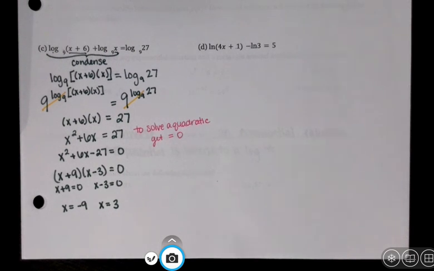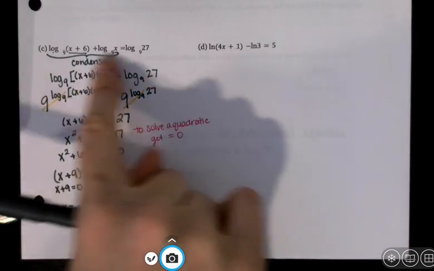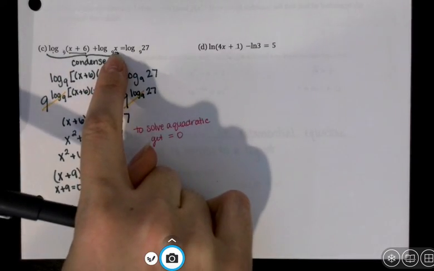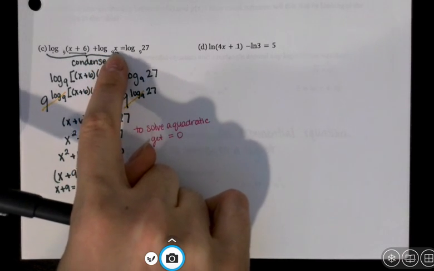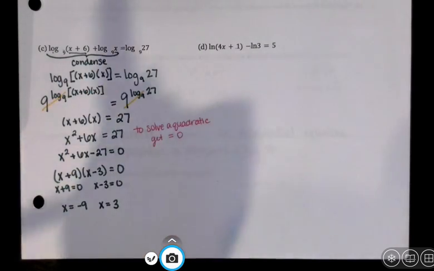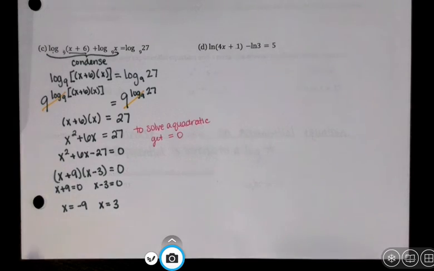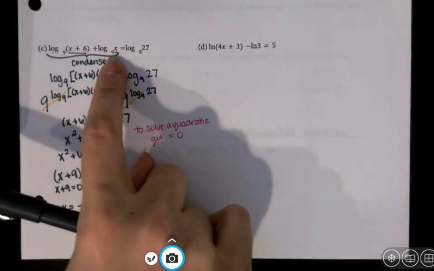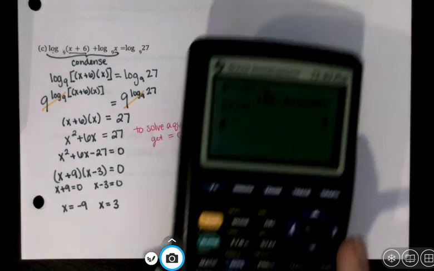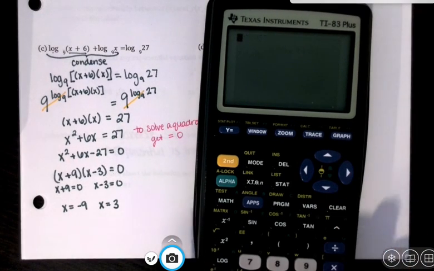We do have to double check a couple things because if we look back up here, I want to look at this one. So if I have log base 9 of x, we're going to test out some things in our calculator. So I know this is technically base 9 and we're going to do base 10 in our calculator, but I want to prove something.